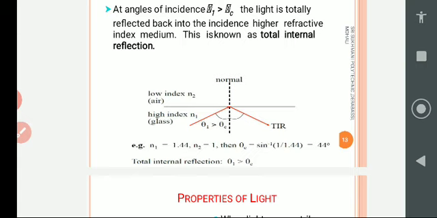If we want total internal reflection, the angle of incidence with respect to the normal should be greater than 44. Only then will total internal reflection be there. At an angle of 44, the light will go straight. But if the angle is less than 44, the light will go into the cladding portion and become refracted light.